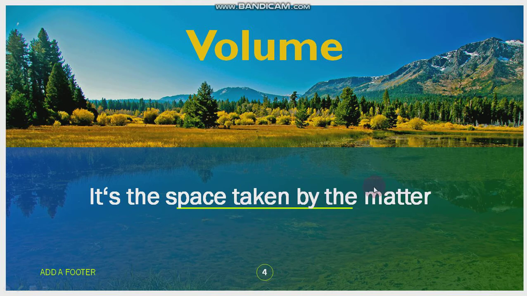This means when you put your book on the table, the book will take a place on the table. This place that the book takes is called the volume of the book. So volume is the space taken by the matter.